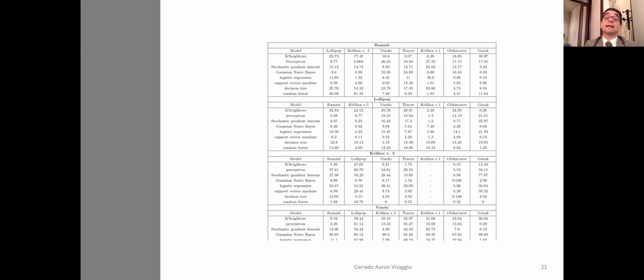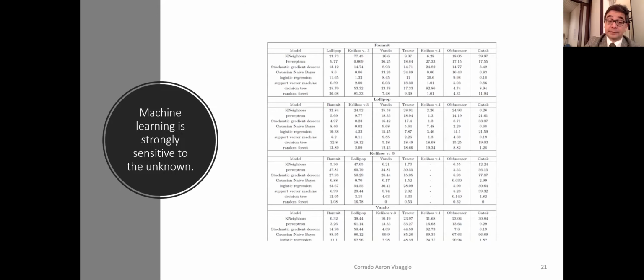So what we can conclude is that machine learning is a really good technique when you know the malware you want to classify, and that the performances vary a lot by changing the training set, the testing set, and the algorithm that you use. So it's really a tricky solution for malware detection.